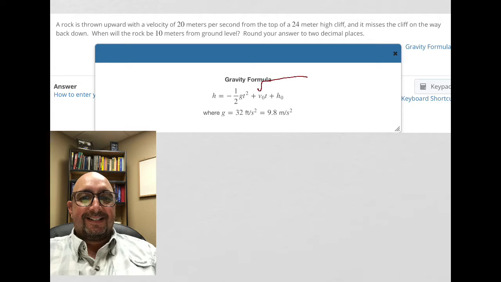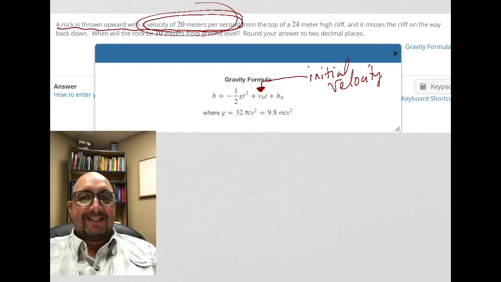Now here's this variable that gets some of us confused. This v sub 0, we'll call it the initial velocity. The initial velocity is going to be given to us in the reading, and that comes from this part here. A rock is thrown upward with a velocity of 20 meters per second.